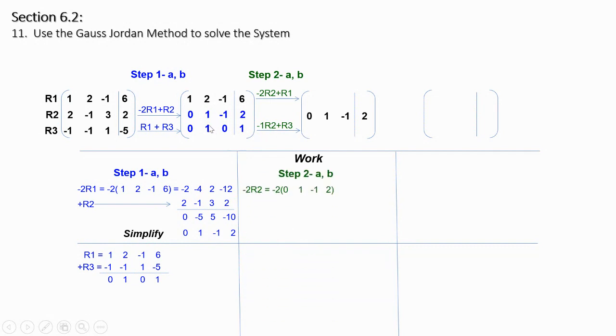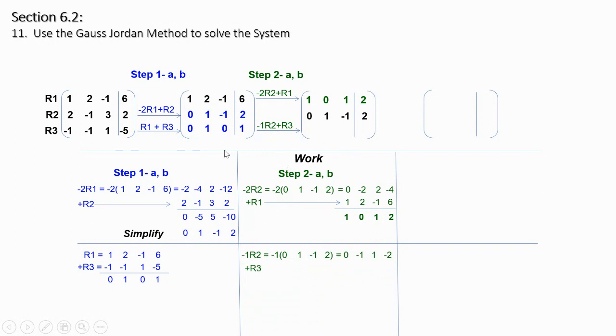So negative 2 times row 2, right? Negative 2 times 0, 1, negative 1, 2 is going to give us 0, negative 2, 2, and negative 4. When we add it to row 1, it's going to give us 1, 0, 1, 2. So that's my new row 1. Then I'm going to do the second part of step 2, which is negative 1 row 2, which will give us 0, negative 1, 1, negative 2, plus row 3.